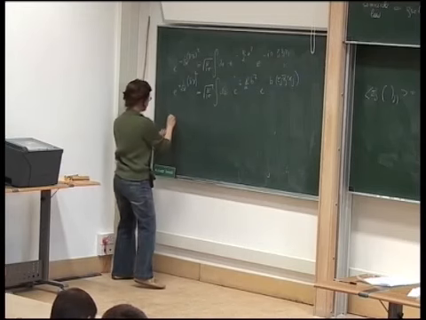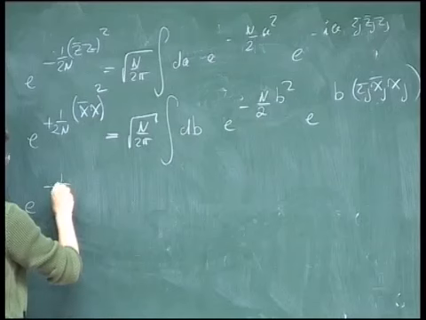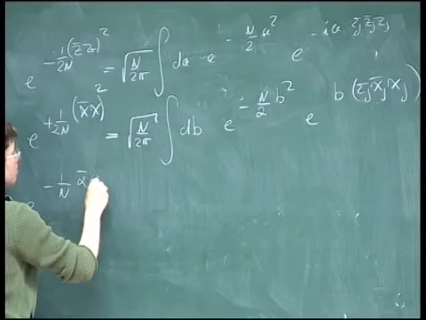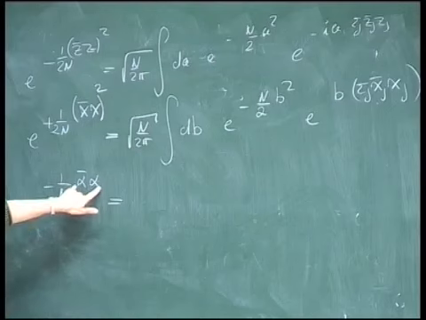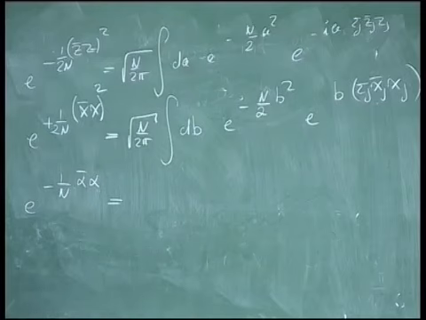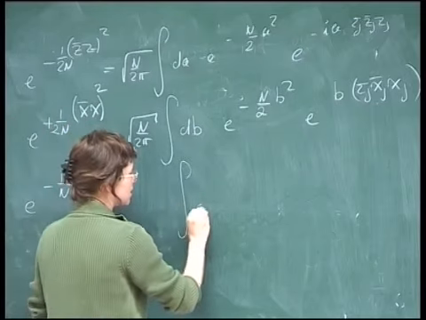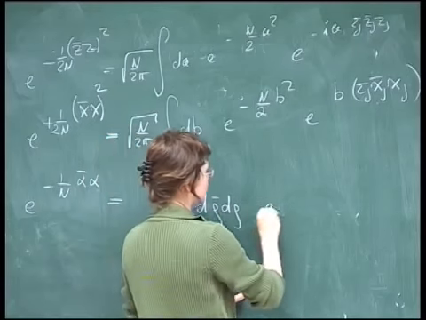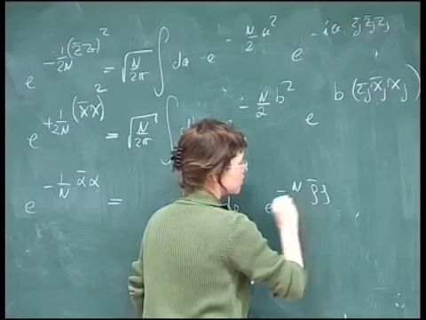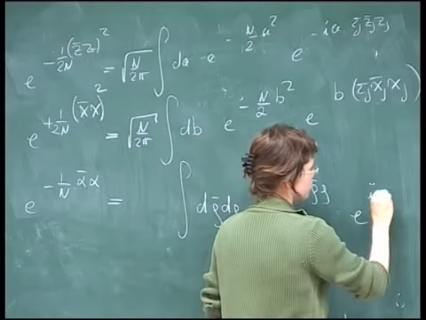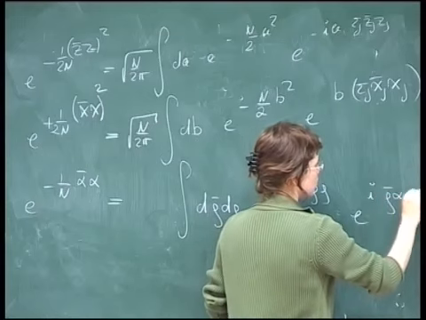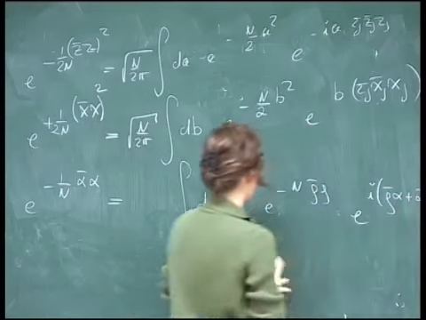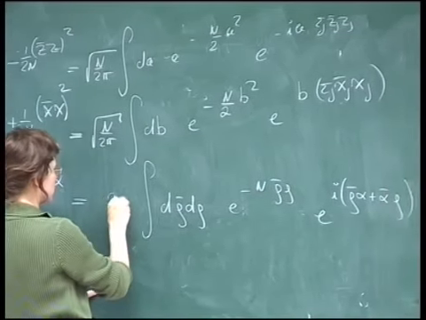Okay, and the last piece. Well, here I have a quadratic term, but in anti-commuting variables. Well, then I can write it as a Gaussian integral, but I have to use anti-commuting variables. And there is a normalization factor, which is n.